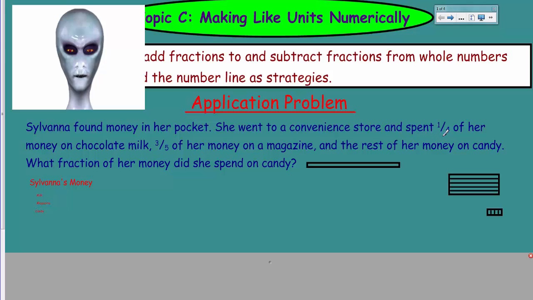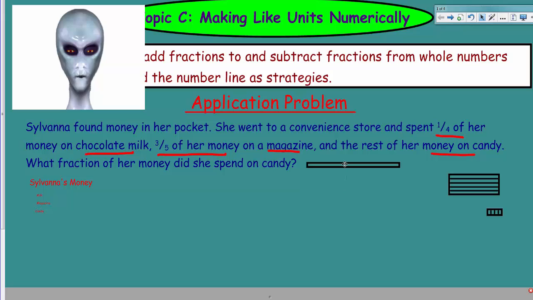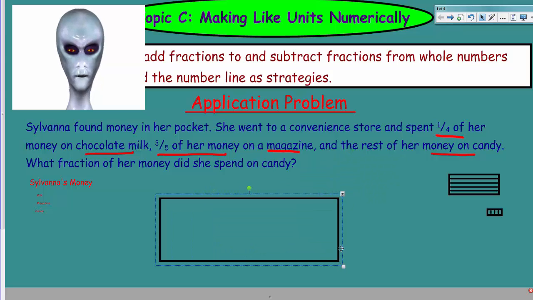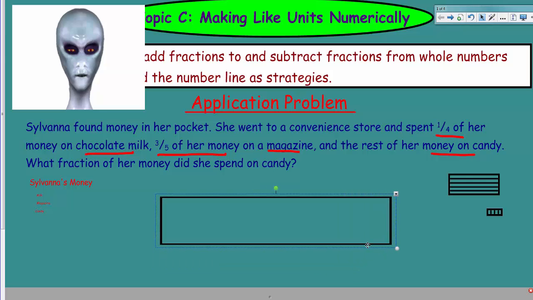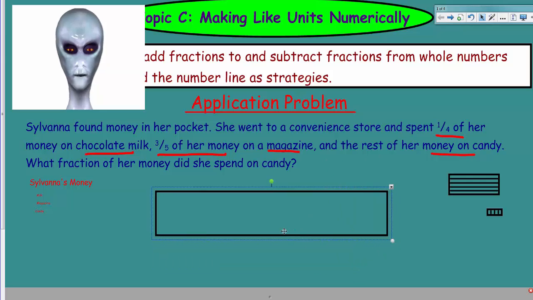Basically, that she has spent 1/4 of it on chocolate milk, and 3/5 of it on a magazine, and then the rest of the money. The significant thing in this problem is that we're not going to know how much money she actually spent, because all these numbers have been given to us in fraction form.